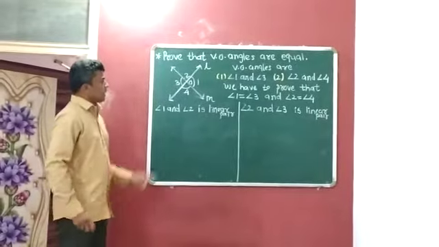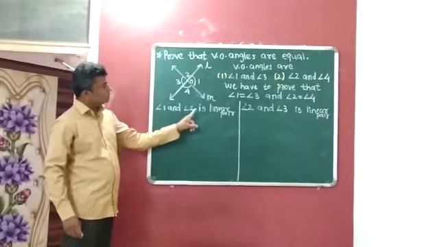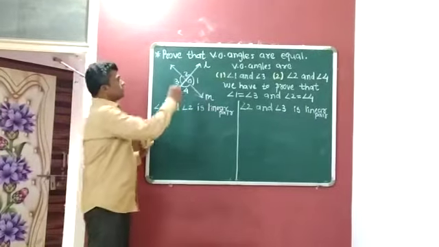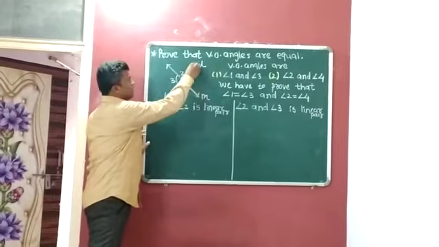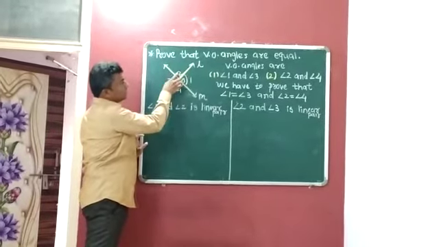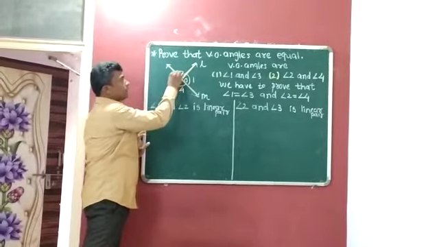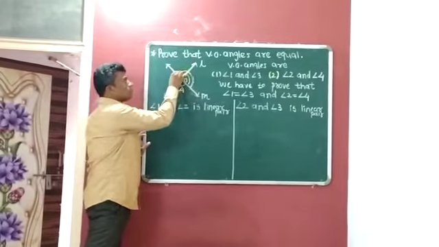For this, I will explain. See, angle 1 and angle 2 is a linear pair, and they form a half circle.